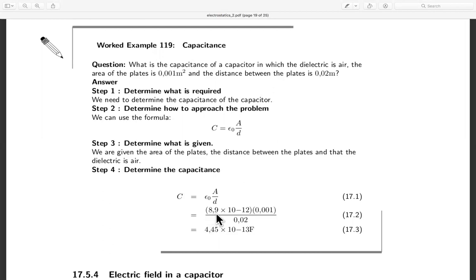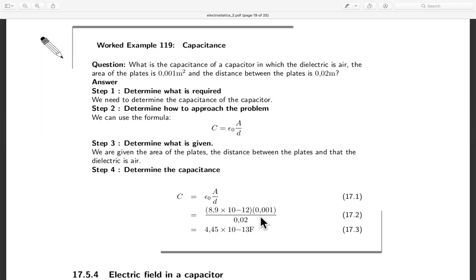This is around 8.9 times 10 power minus 12. And then the area is 0.01 and D is 0.02.